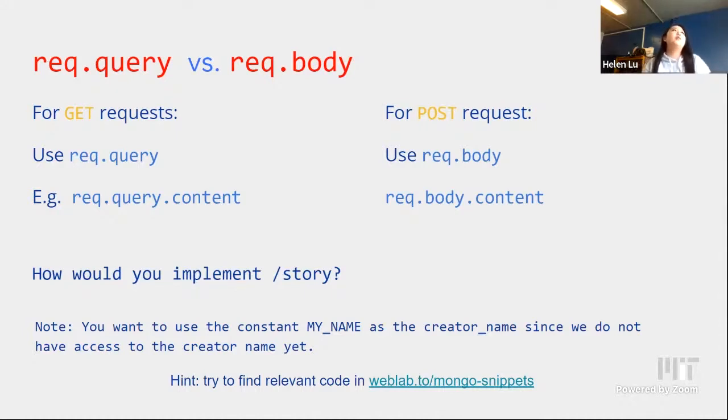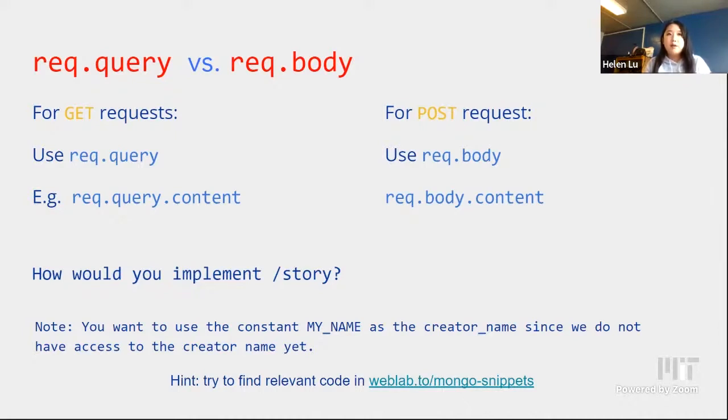For example, if we have an endpoint that says, hey, give me a username and I will give you all of the stories from this username, the front end must specify the username of the person they want, right? So in this case, they would send over a parameter, and that would be the username.